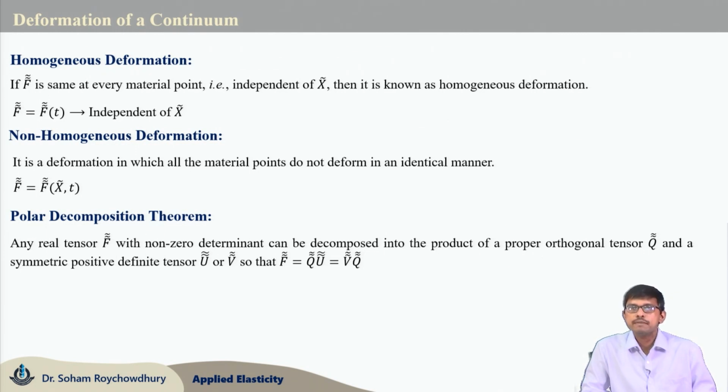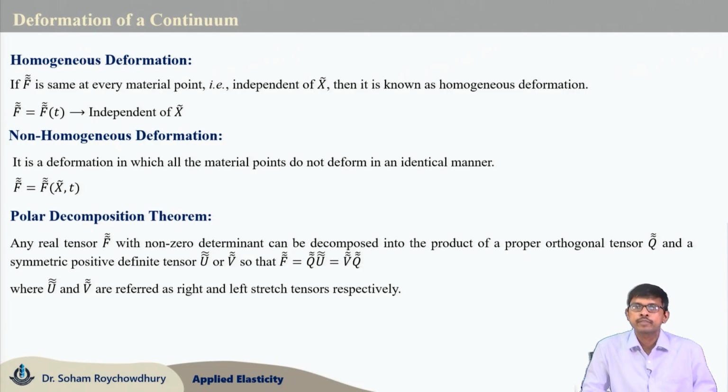So, U and V being two such positive definite tensors and Q being an orthogonal tensor, f can be written as Q times U, or f can also be written as V times Q, where U and V are known as the right and left stretch tensors respectively. So, in any deformation, using the polar decomposition theorem, we are decomposing the deformation into two parts.